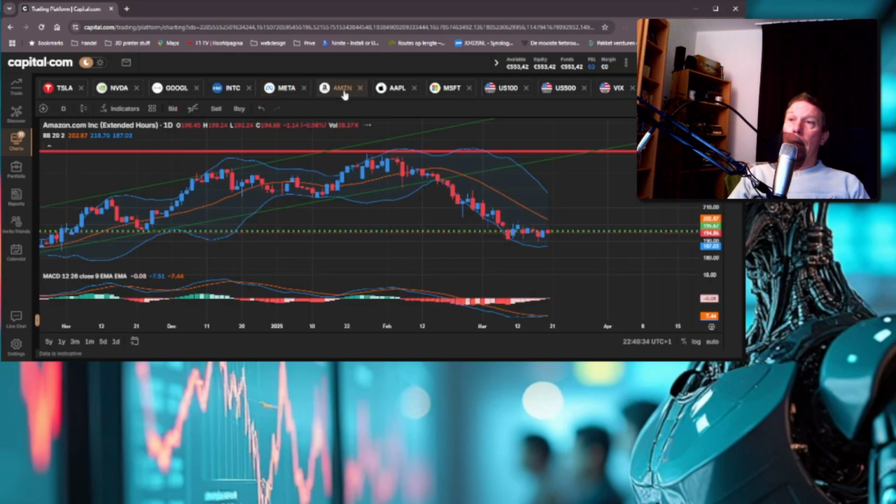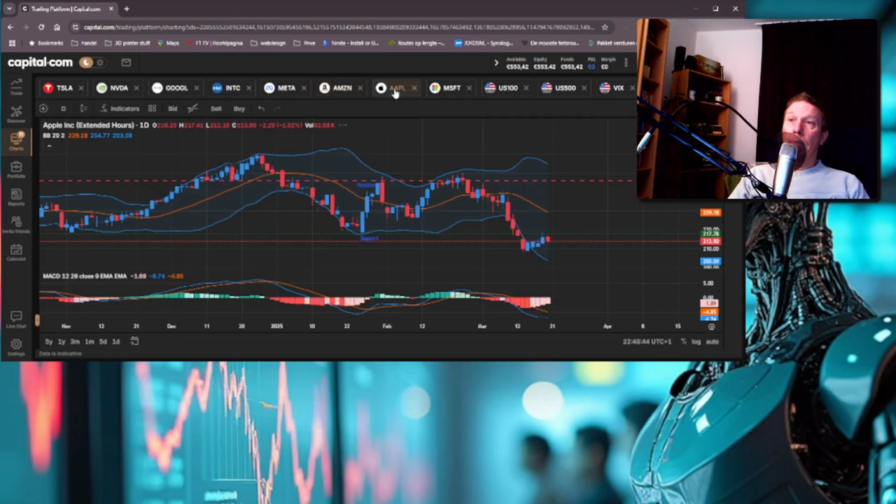Let's take a look at Amazon. On the support line, stuck to it. We had a red candle today after a blue candle yesterday. Apple, red candle today after a couple of blue days. Now we have a red candle.